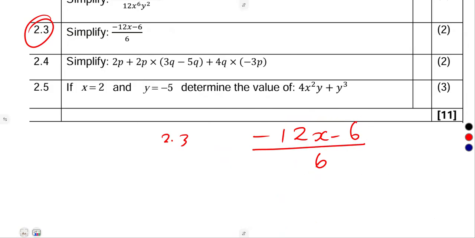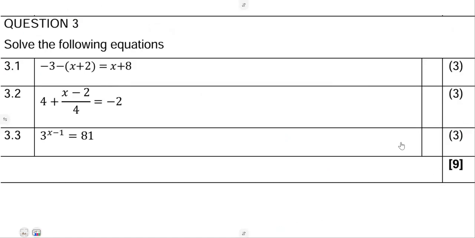You can divide each and every term: minus 12x over 6, and the minus 6 over 6 also. Addition and subtraction can be separated with each term over the denominator.